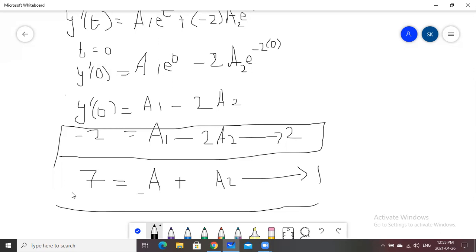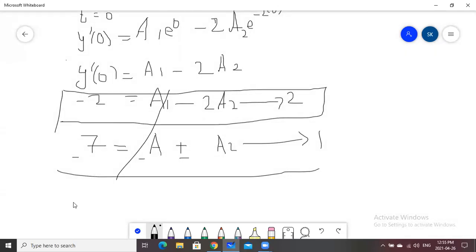a1 minus a1 will be cancelled out with each other, and also minus 2 minus 7 is equal to minus 9, is equal to minus 2a2 minus a2, which is minus 3a2.